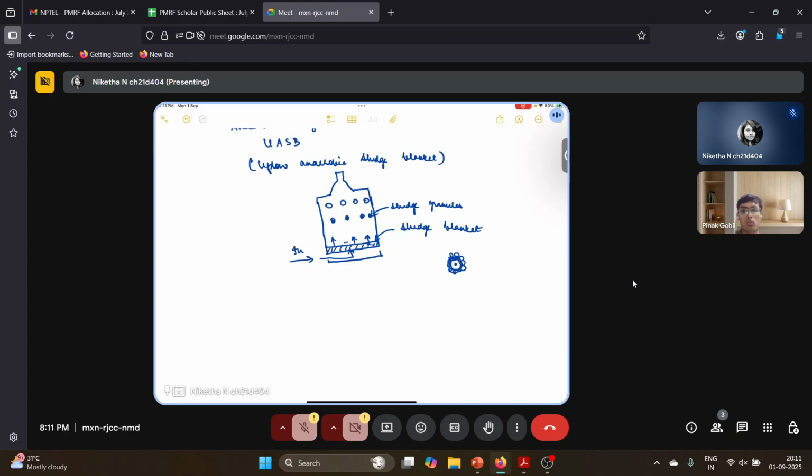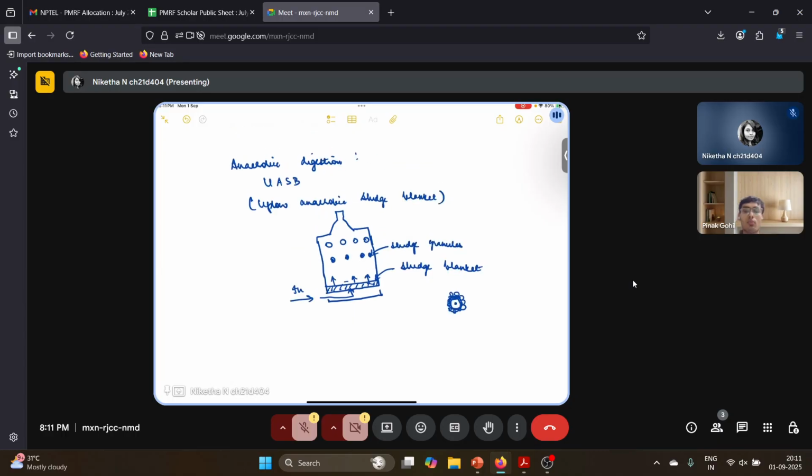So these are not formed in aerobic processes because there is constant mixing and aeration, and we remove the grit and sand in the pre-treatment and the primary treatment. So that will happen only in anaerobic conditions, especially in upflow anaerobic sludge blankets. So these sludge granules are formed.